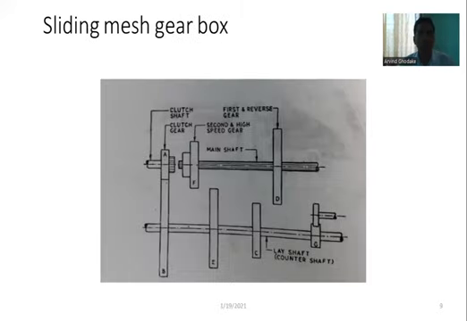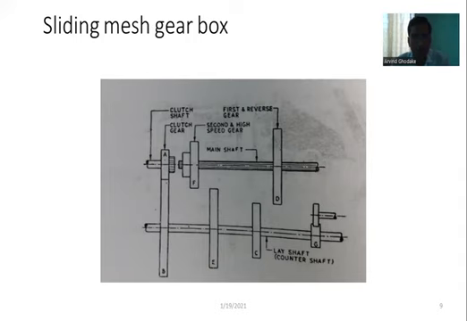Next, this is the diagrammatic representation of the sliding mesh gearbox. You can see clearly the sliding mesh gearbox. Here the clutch shaft is connected with the input shaft, then the clutch gear is there. Then the second and high speed gears are mounted on the main shaft.